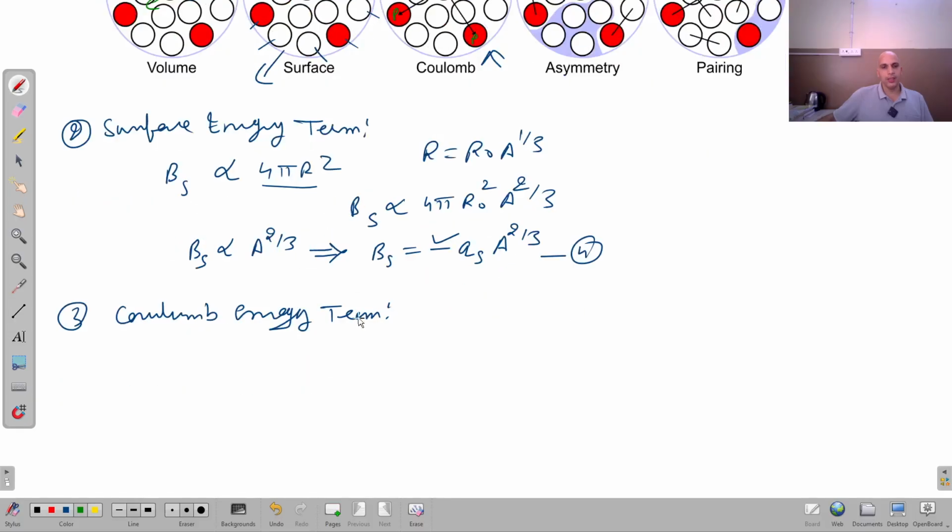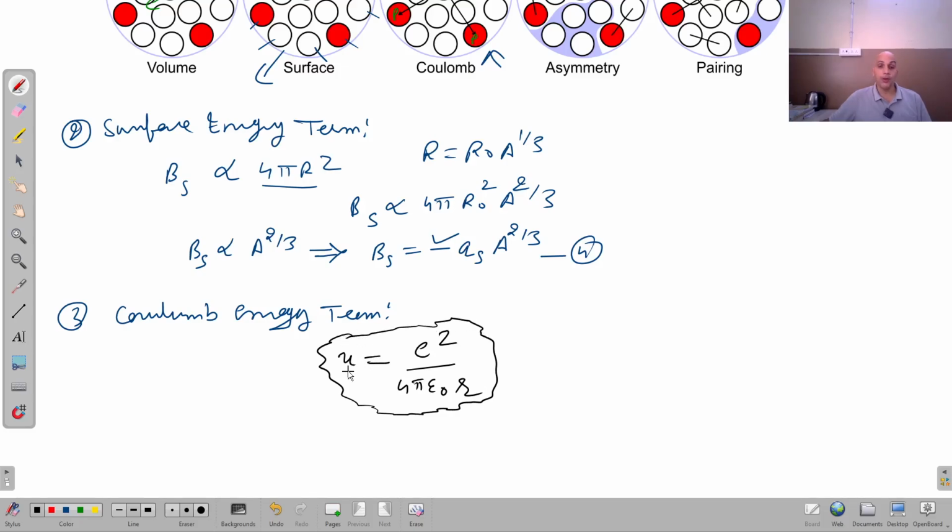So now in the Coulomb energy term, we know very well that the potential energy between two protons that are separated by a distance r is equal to e square upon 4 pi epsilon naught r. This is the potential energy between the two protons, right?